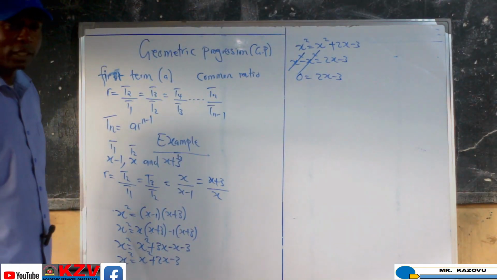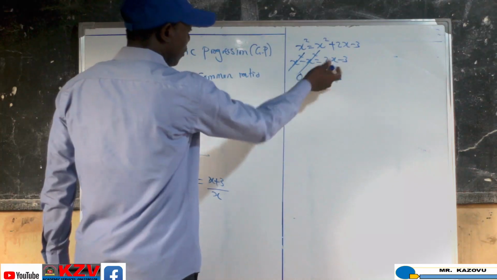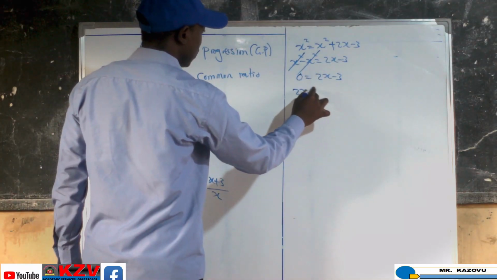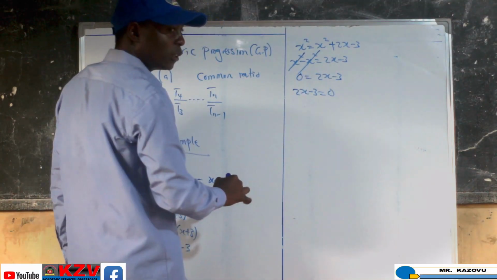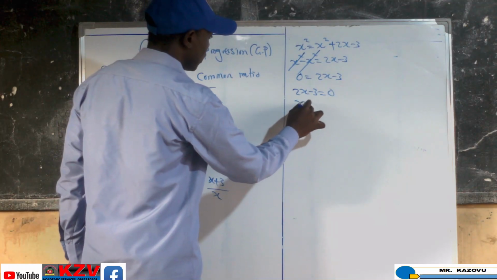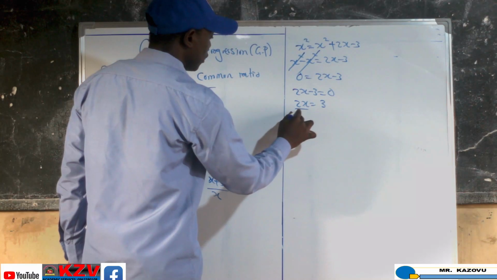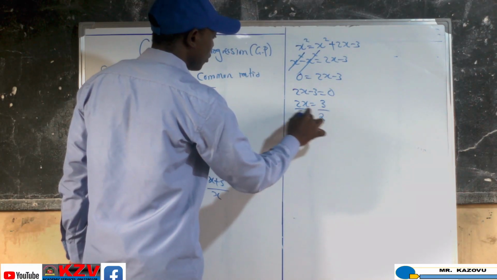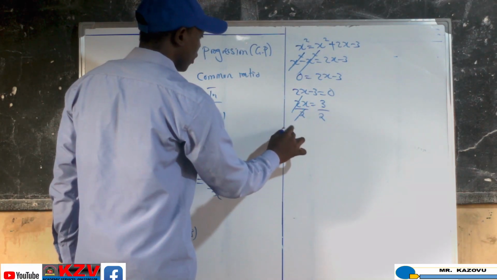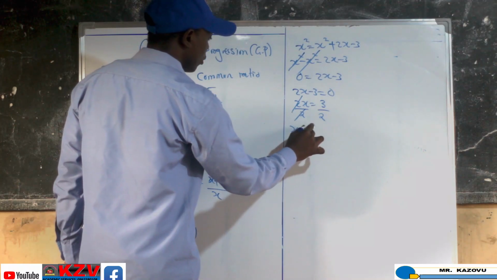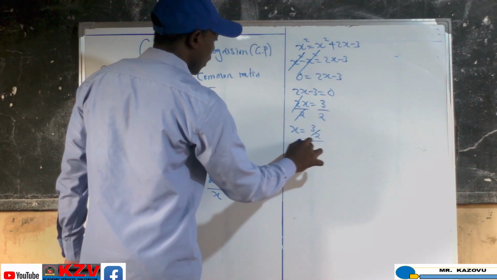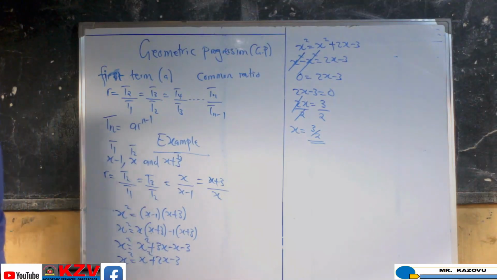I can say 2x minus 3 is equal to 0, implying that 2x is equal to 3. I divide this one by 2, divide this one by 2, and x is equal to 3 over 2. That's the value of x.